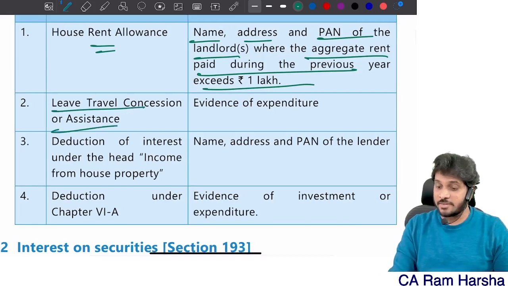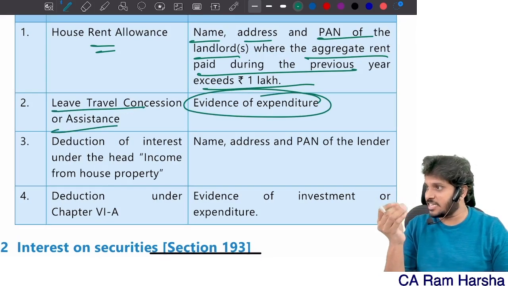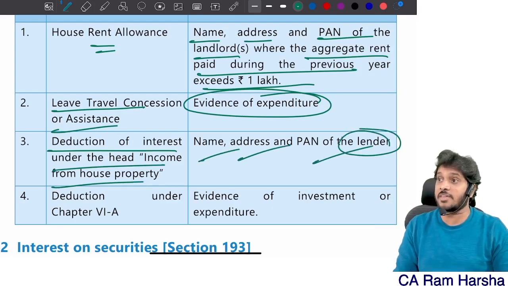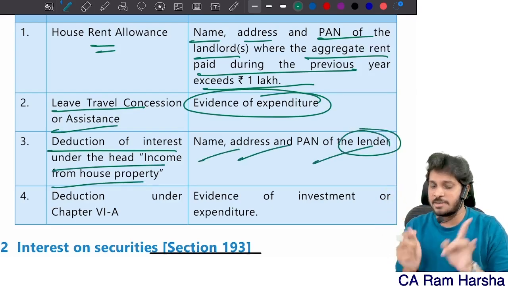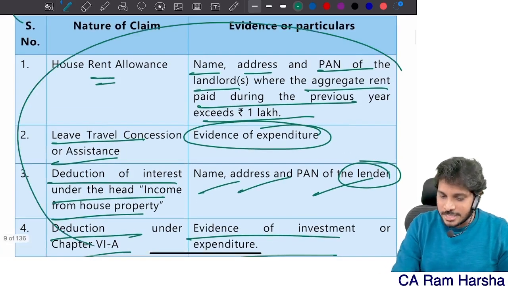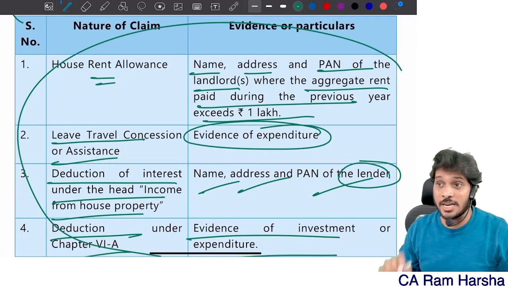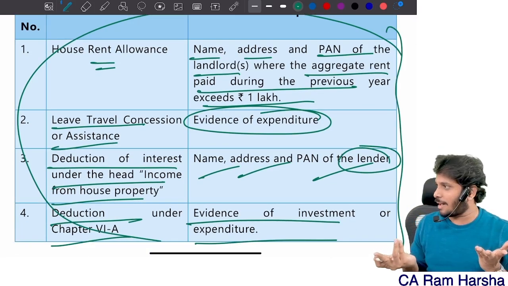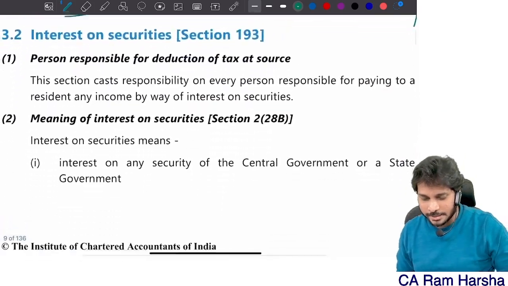For leave travel assistance, we will ask for travel ticket expenditure. For deductions under house property, we will ask the name, address, and PAN of the lender, the bank statement and loan statements. For deductions, we will ask proof of investments. All this is necessary if the employee is choosing the normal tax regime. If the employee is choosing the optional regime, these will not be needed.